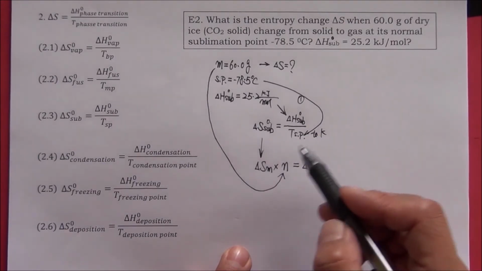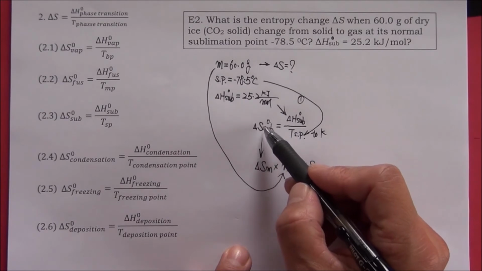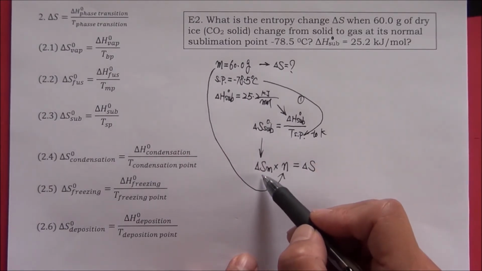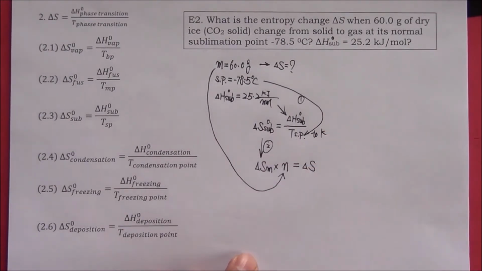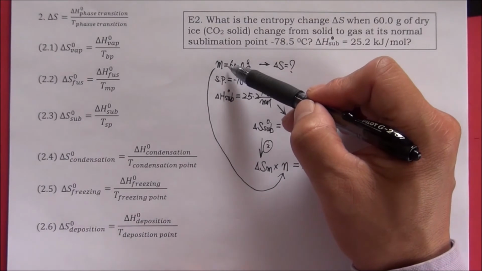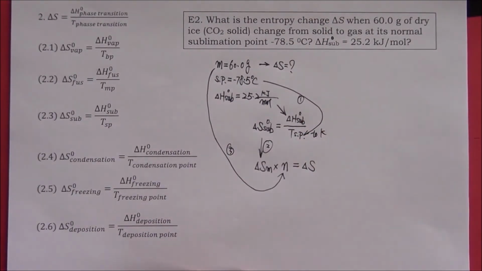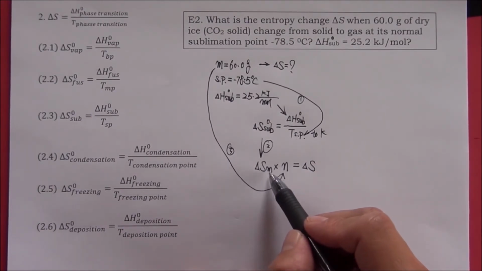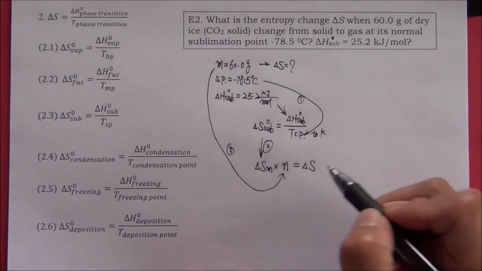The second step, we calculate the standard entropy of sublimation, which is a form of molar entropy change. The third step, we convert the mass to moles. Then the last step is we plug in the molar entropy change and the moles, we can get the entropy change.